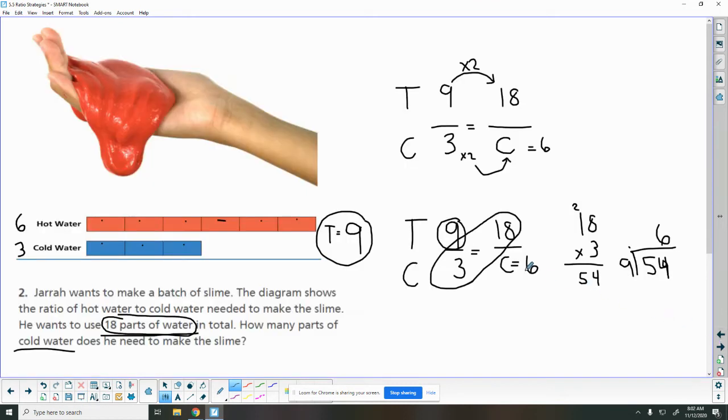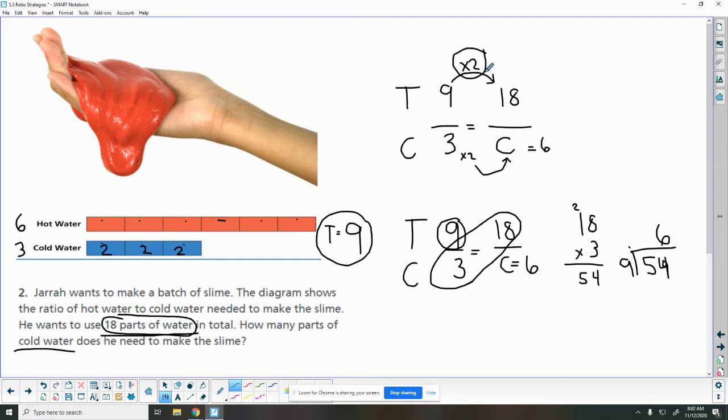So let's go back here. So we know that this was 6. So I know if I needed 18, we times everything by 2. So if I put 2 in each of these, 2, 2, 2, 2, 4, 6, my answer was 6.